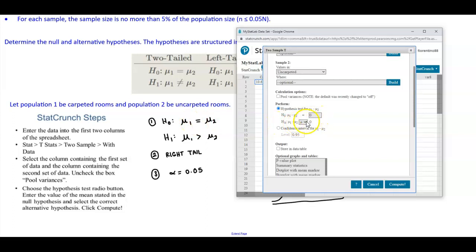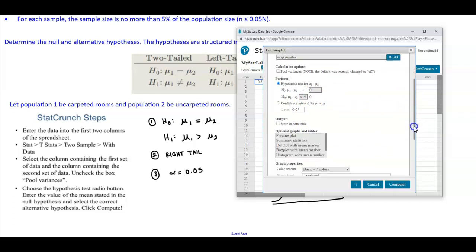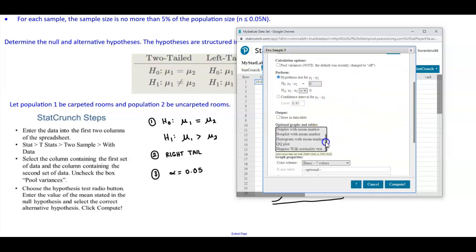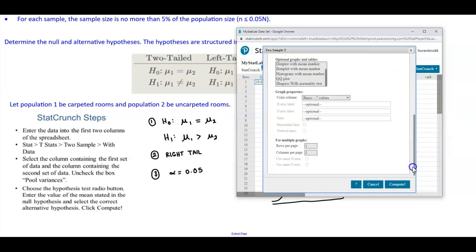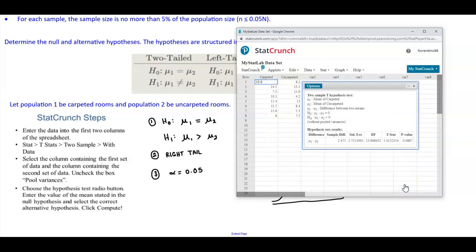And we know that the alternative is going to be greater than 0. And so there's our information. Now we're going to go ahead and select compute.